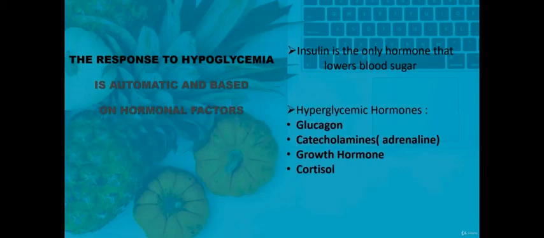Glucagon, through its action on glycogenolysis and neoglucogenesis, as well as catecholamines, which are responsible for the sympathetic manifestations of hypoglycemia, including adrenaline, increase the hepatic production of glucose and limit its use, thus leading to hyperglycemia. The growth hormone secreted by the anterior pituitary gland is also hyperglycemic. Finally, cortisol as well is responsible for increased liver glucose production.